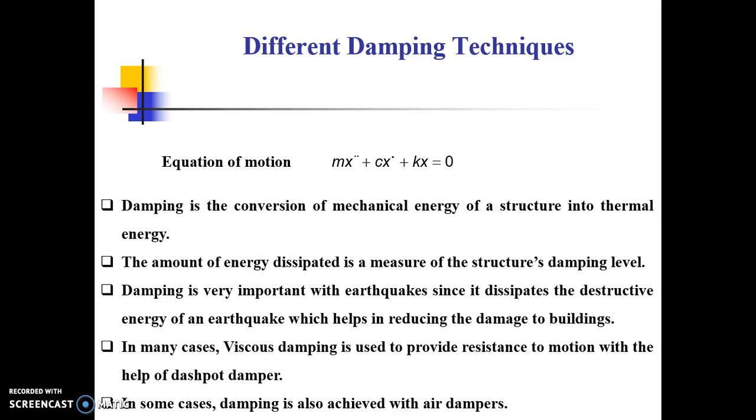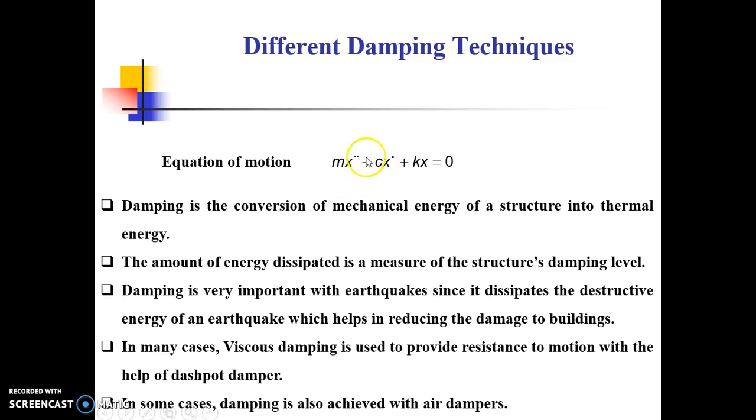One more thing is that in any vibratory system, when we talk about the control of any vibratory system, we have almost three choices in our hand. That means we can control the inertia forces, we can control the damping forces, or we can control the spring forces.